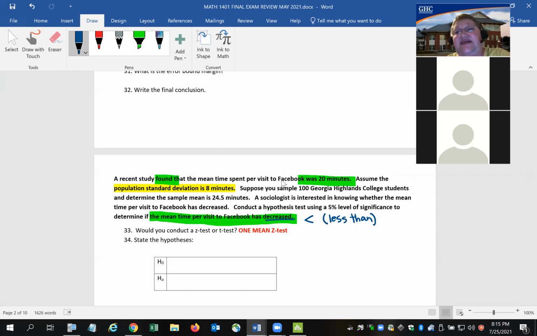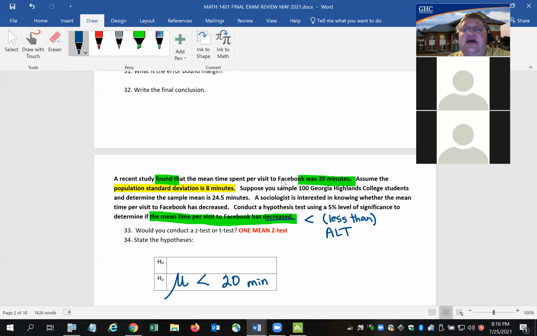Because this is less than and in no way implies equal, this statement that I have highlighted in green is my alternative hypothesis. So my alternative hypothesis is going to be that the mean has decreased from the 20 minutes that the study had found.